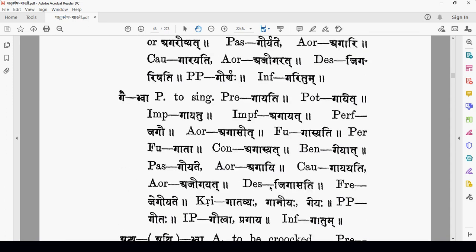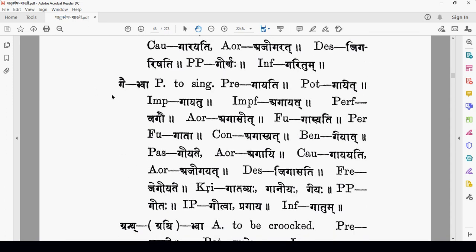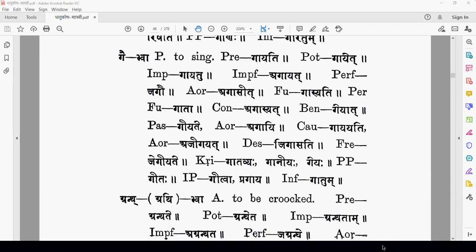There is also gai here. Gai is singing. This is the root. If you see at the end here, this is Geetva, and there is Gatum. Obviously, he has given one example. If we have a prefix like Pragaya, like Aniya, that form, in some cases this dictionary gives that also.